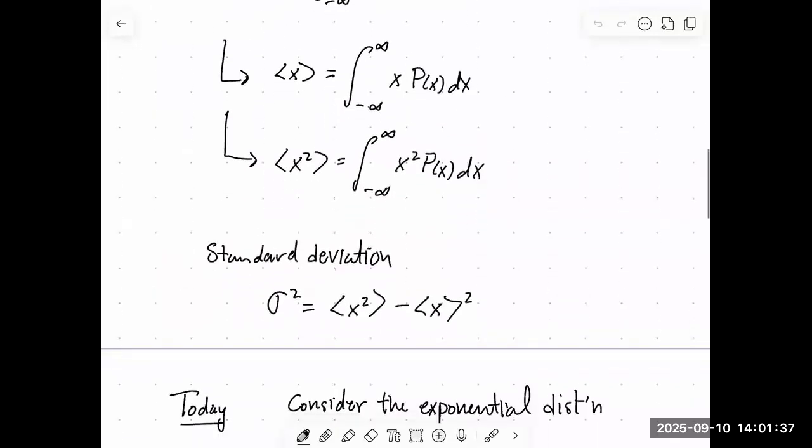Those two are useful ones to think about because, as we showed last time, we can then figure out the standard deviation or the spread of, say, x by looking at the difference between the expectation value of x squared and the expectation value of x, and then square it.